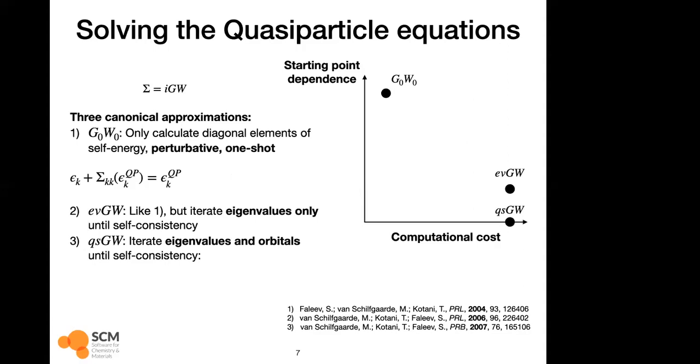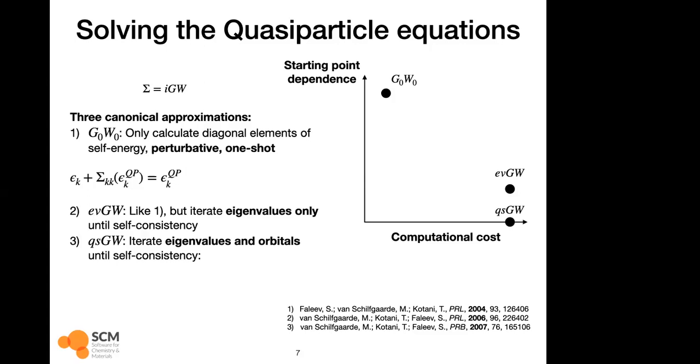Then we can also go a little bit further and say, okay, we calculate our perturbative correction to our Kohn-Sham eigenvalues, and then we take those again as a starting point and calculate the perturbative correction again, and so on until self-consistency is reached. This is called eigenvalue-only self-consistent GW. And then you can also do quasi-particle self-consistent GW, which is typically abbreviated as qsGW.